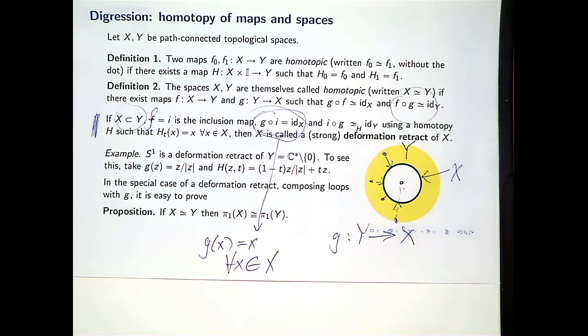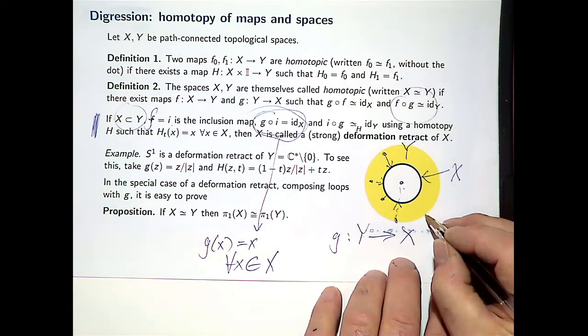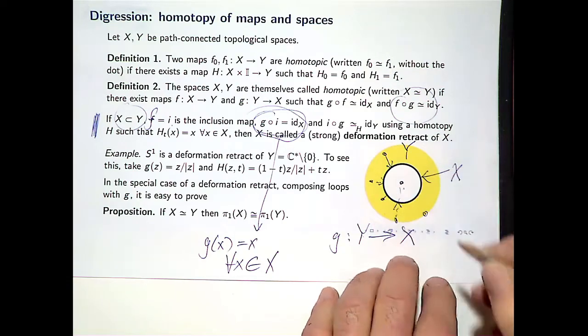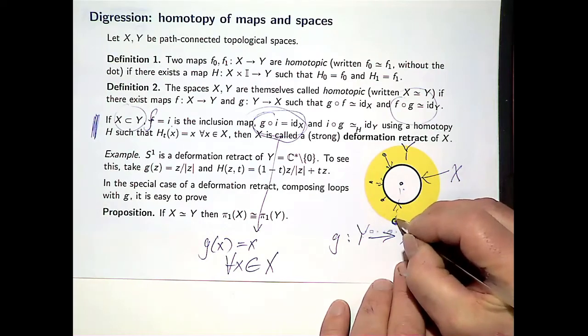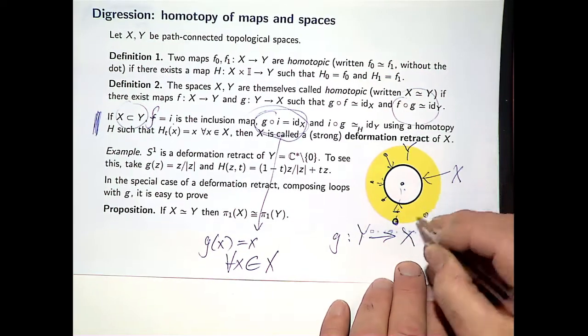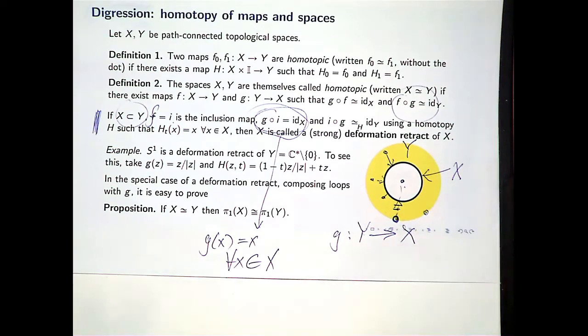Because this is a deformation process, I can do G completely, or for t equal to a half, I can move half the distance to the circle. So when t is 0, I do the identity on the yellow region. When t is a half, this point near the boundary moves halfway to the circle. If t is 3/4, it moves 3/4 of the way, and so on. So at the end, when t is equal to 1, I've moved everything from the yellow region onto the circle.